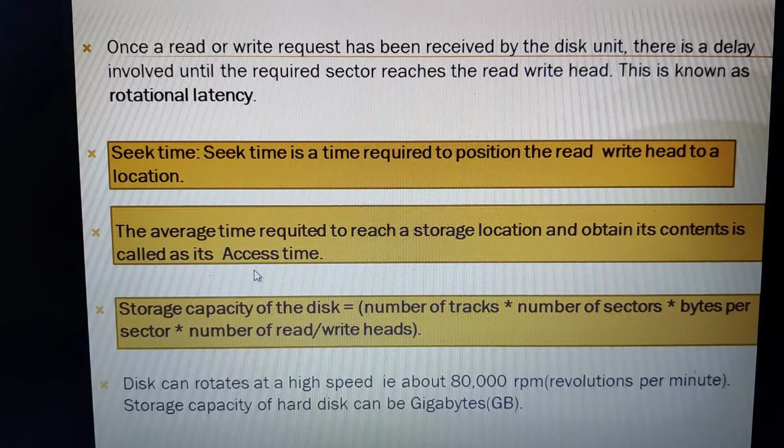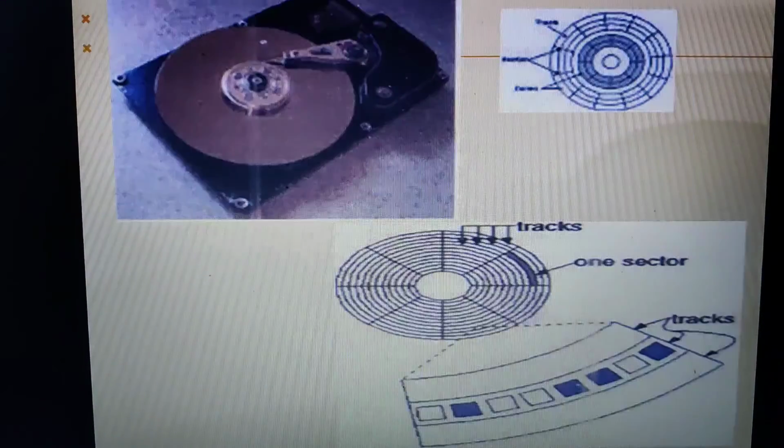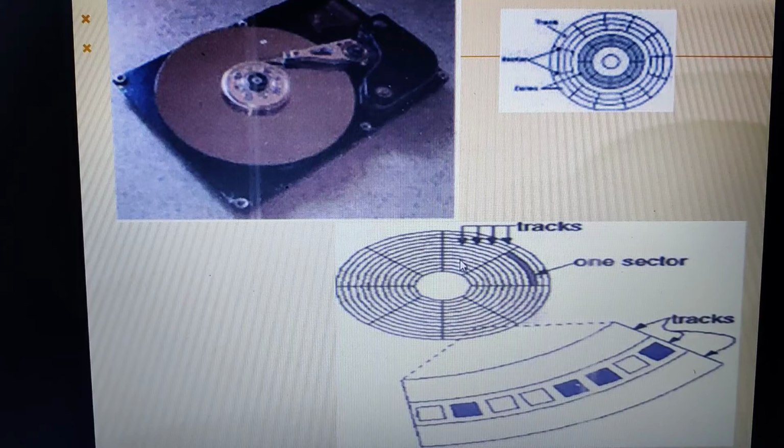Next we have the access time. What is this access time? The average time that is taken to reach that particular storage location and obtain its content. See here, whenever we reach the particular sector, maybe here your data is there.